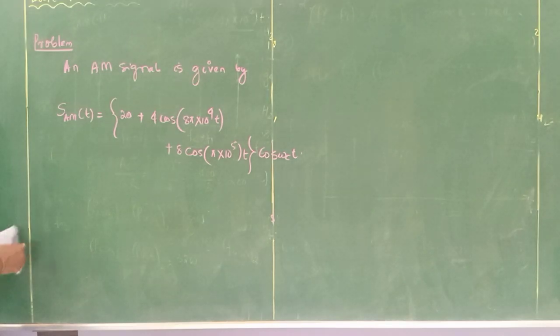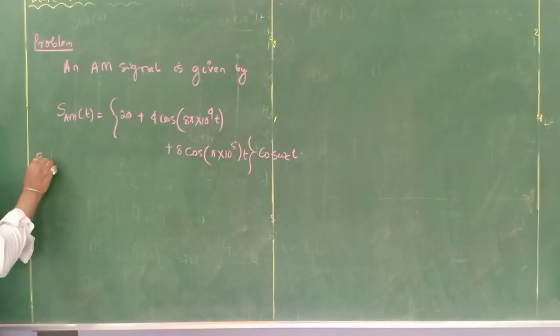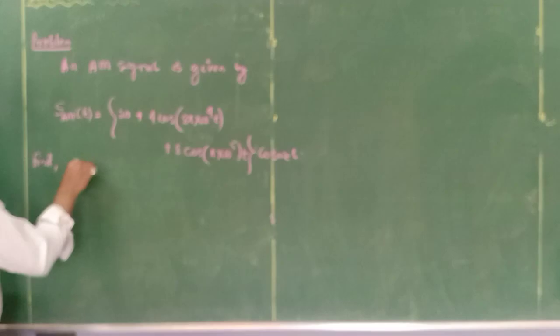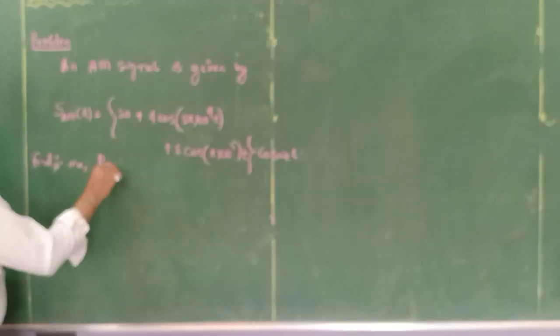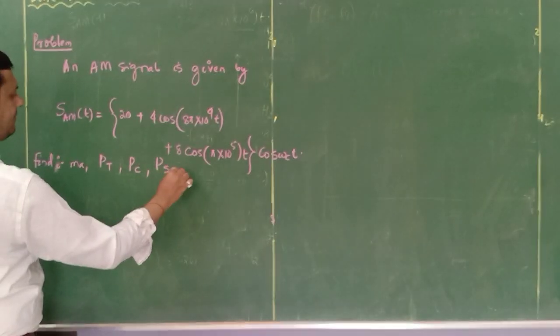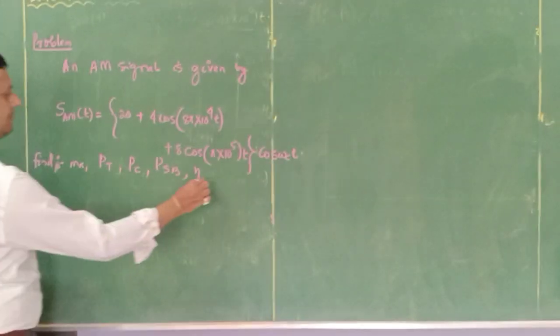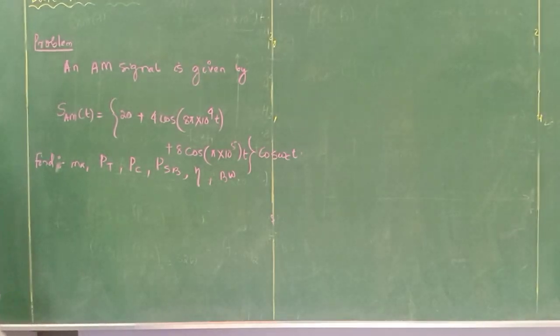And here you have to find all the parameters: modulation index, transmitted power, carrier power, sideband power, efficiency, and most important, bandwidth.